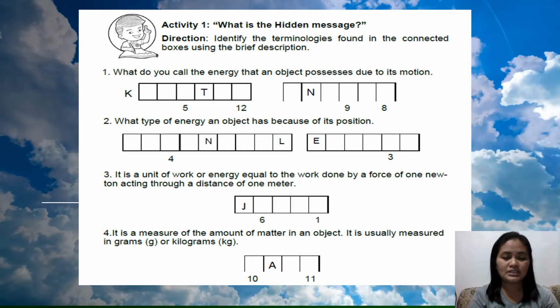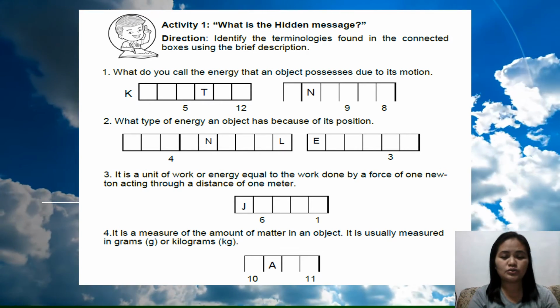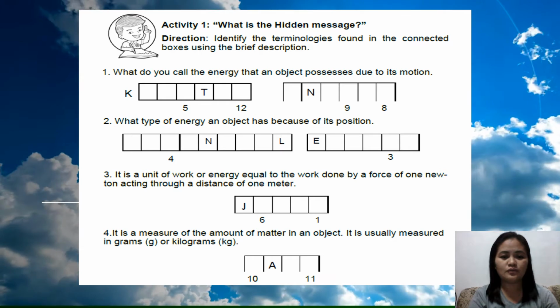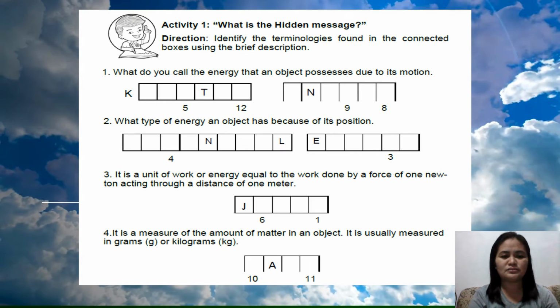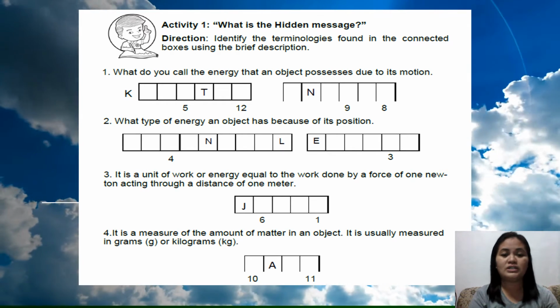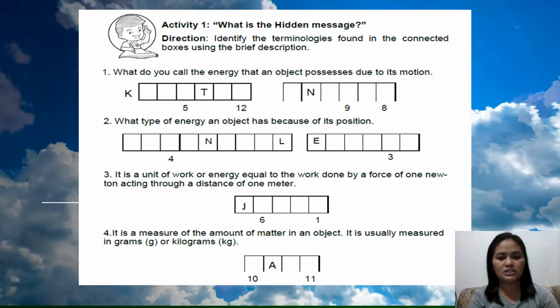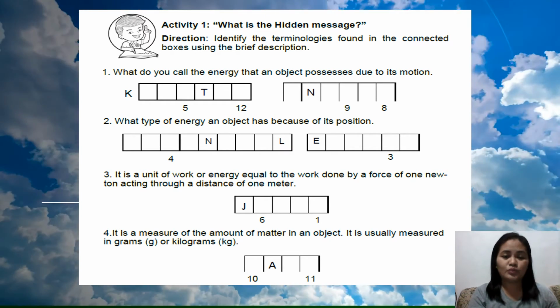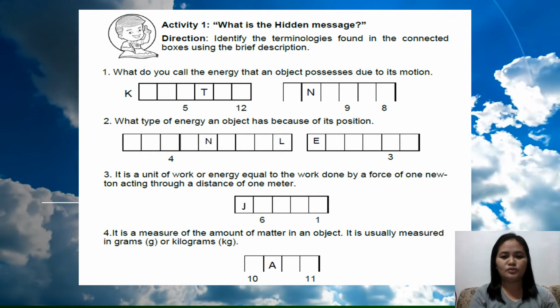Number 3, it is a unit of work or energy equal to the work done by a force of 1 Newton acting through a distance of 1 meter. Unit daw. Unit of work or energy, which starts with letter J. Balikan niyo yung points to remember.